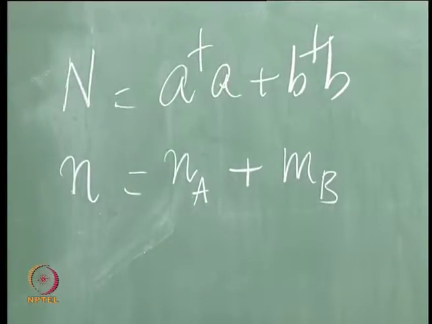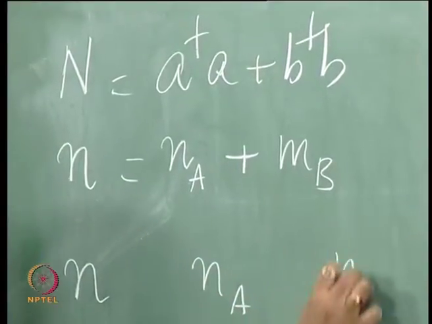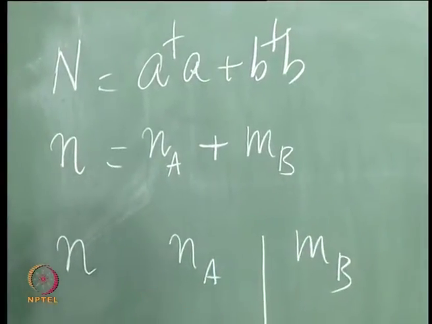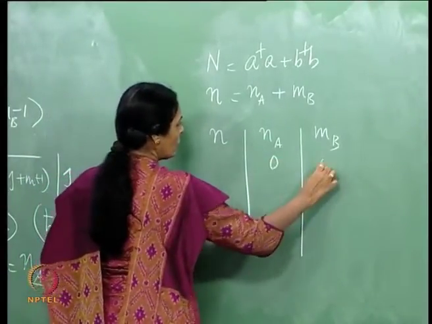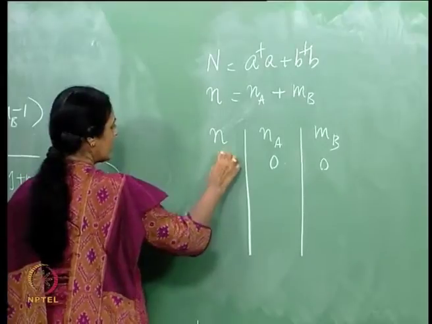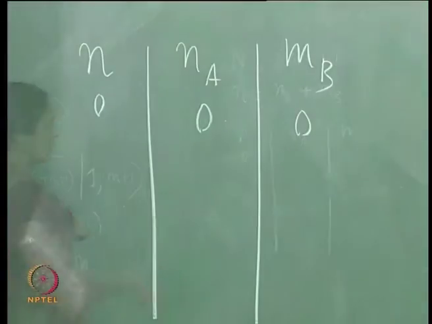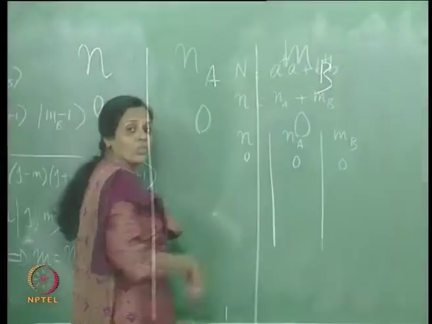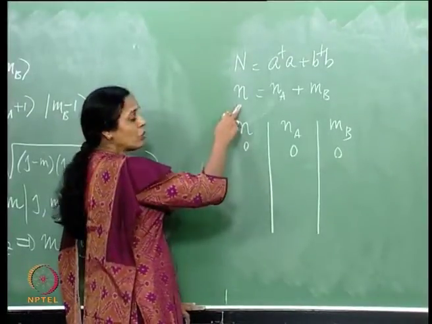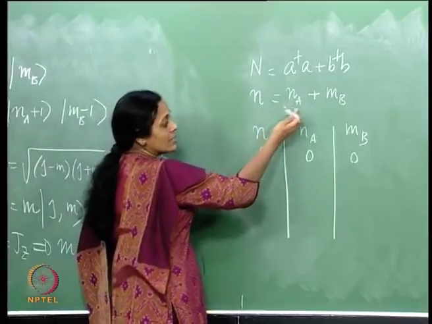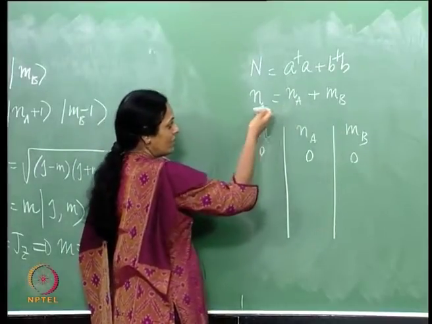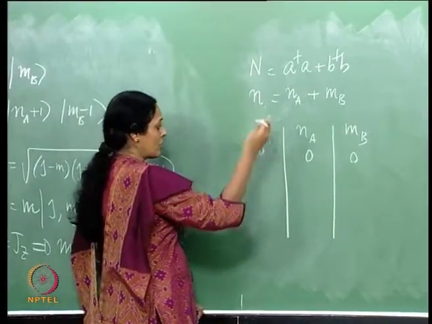So, let us make a neat tabular column, and what do we see? When Na is 0 and Nb is 0, n is 0. Na and Nb can only be integers, and therefore n can only be an integer. Since these are 0 or positive, n can only be 0 or positive.